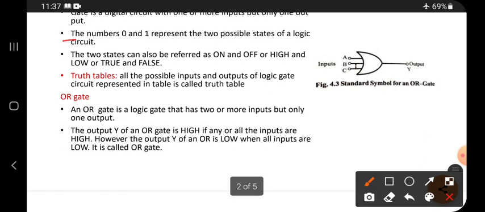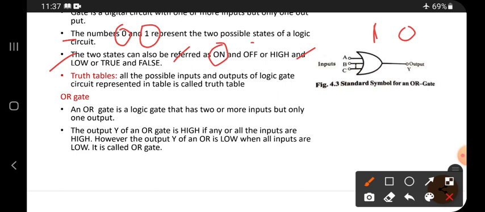The numbers 0 and 1 represent the two possible states of logic gates. The two states can also be referred to as: 1 means on, 0 means off; 1 means high, 0 means low; or 1 means true, 0 means false.